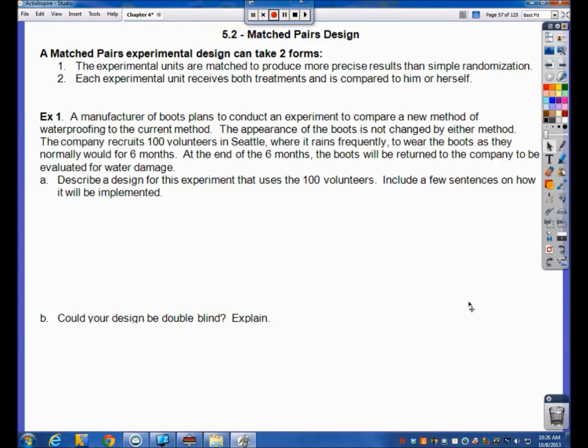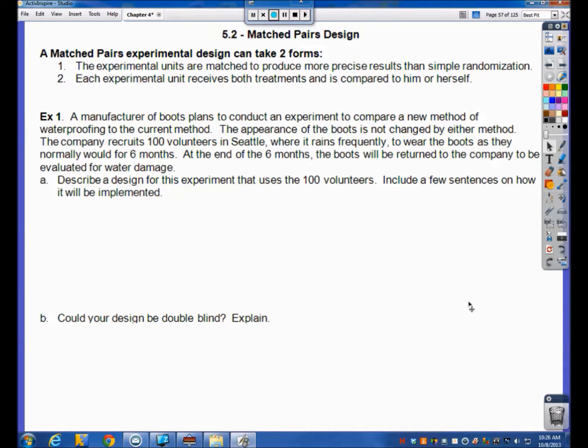So, for example, if we were talking about weight loss, we would want to match someone that is about the same build, about the same height and weight, and maybe what other factors you would consider with weight loss. Maybe activity, like exercise level. You don't want to have someone that exercises a lot matched up with someone that doesn't really exercise a lot, because that could be a lurking variable, the amount of exercise, because it differs.